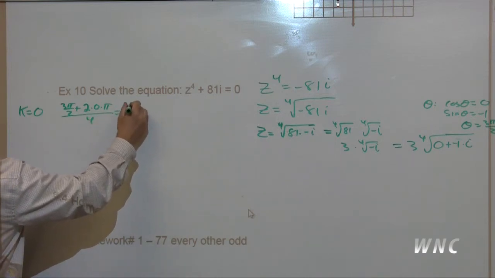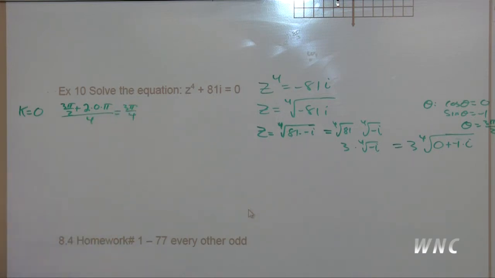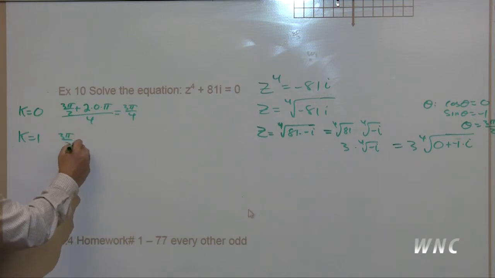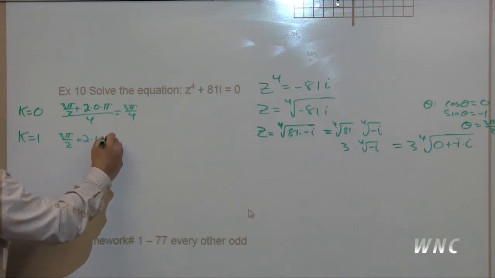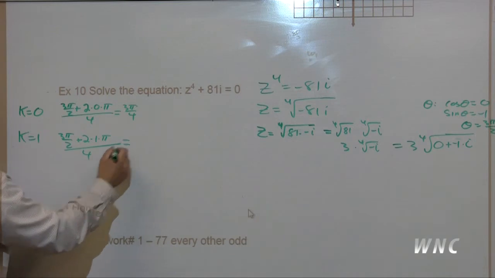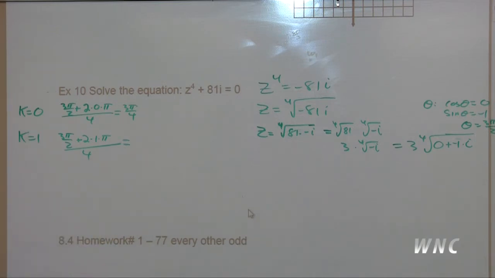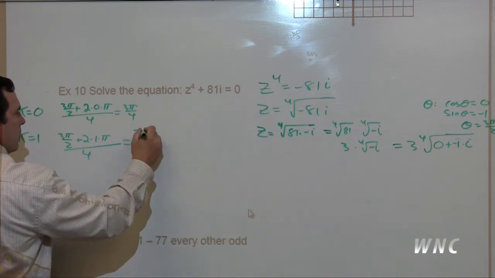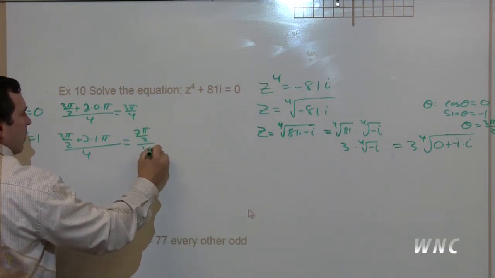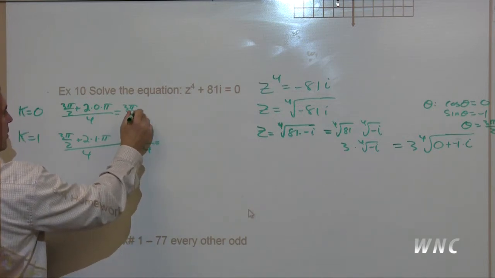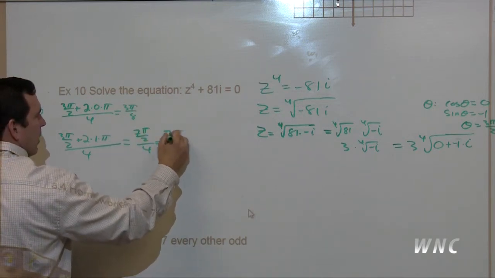That becomes 3 pi over 8. Now, if I would have started with negative pi over 2, this would have been negative pi over 8. But my point is there's more than one answer that would be acceptable. For k being 1, we have 3 pi over 2 plus 2 times 1 times pi, all over 4. So 3 pi over 2 plus 2 pi is 7 pi over 2, over 4. Oh, that should have been 3 pi over 8, shouldn't it? Yeah. 7 pi over 8.